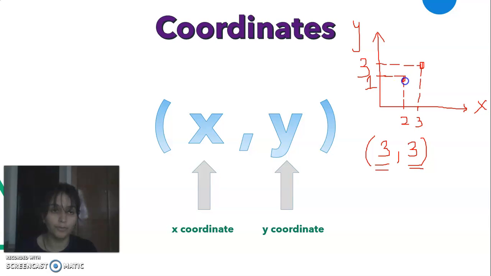Now when we trace our pencil along this line, we will see that the point on the x-axis is 2, so we'll write 2. Then we put a comma, and when we trace this line, we'll find that the point on the y-axis is 1, so we write 1 after the comma, and we put this within brackets. Now from this it's more clear that the x coordinate is 2 and the y coordinate is 1. And this is the coordinate of that point.